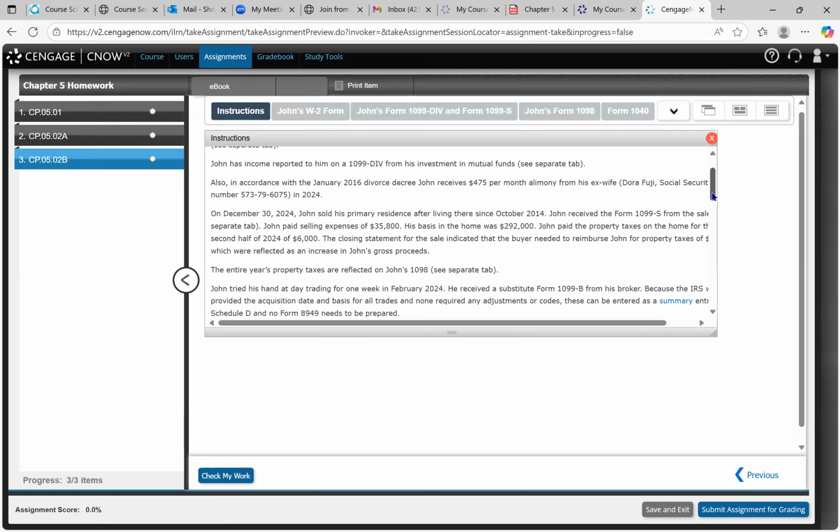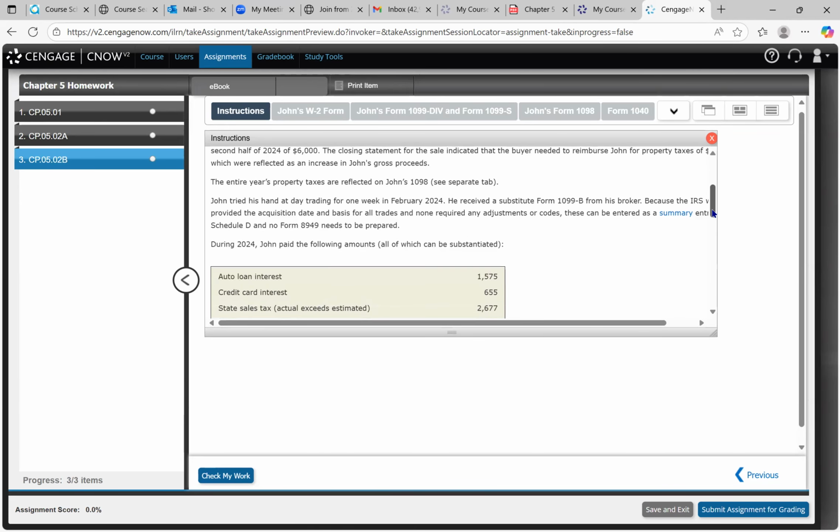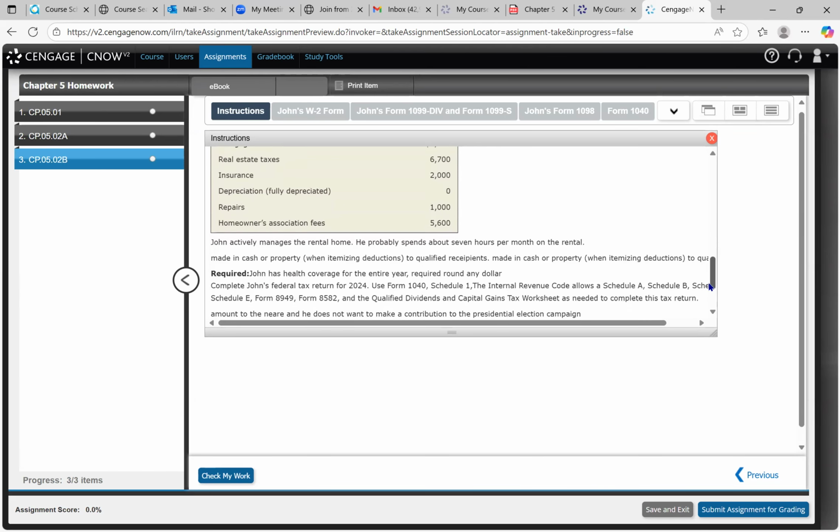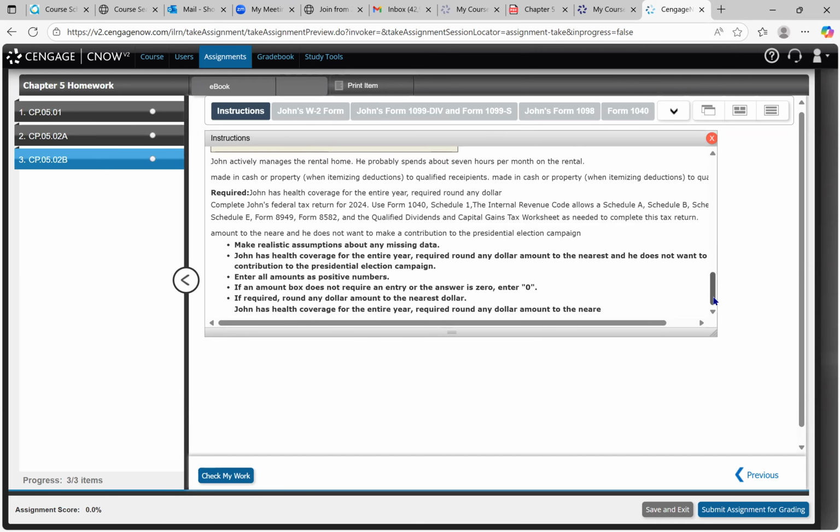And then we have information about him selling a home, and then various itemized deductions, day trading. So various things here that we are going to input into a tax return, and some of the stuff that we're not going to input into the tax return.